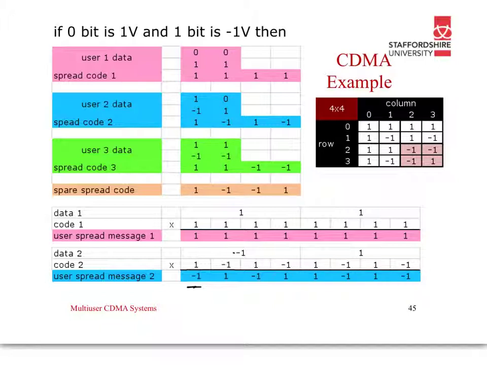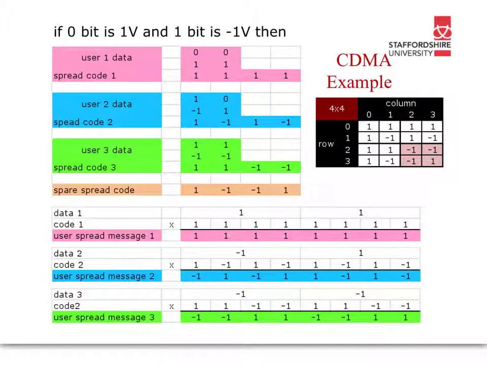So that's the first bit encoded or spread. Then the second bit is a 1, and we copy this code 1, -1, 1, -1 again. So 1 times 1 is 1, 1 times -1 is -1, 1 times 1 is 1, 1 times -1 is -1. So this is the spread message too.